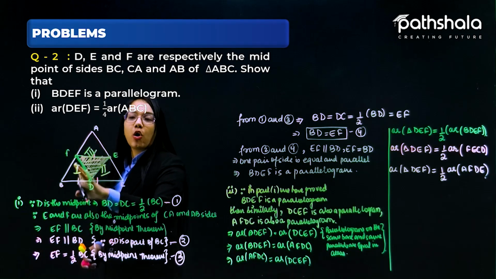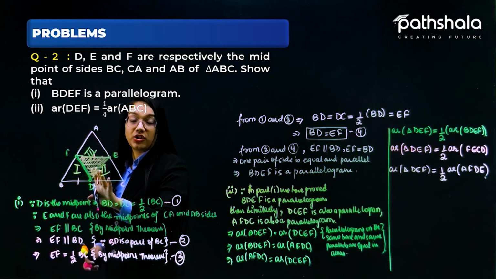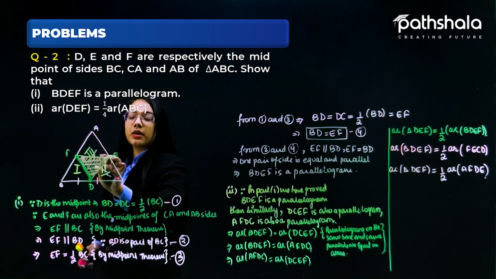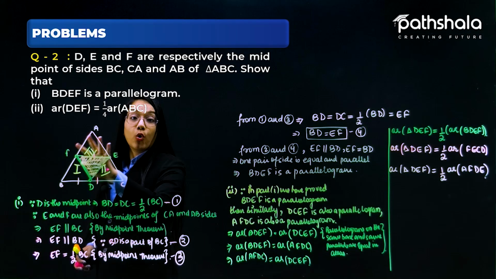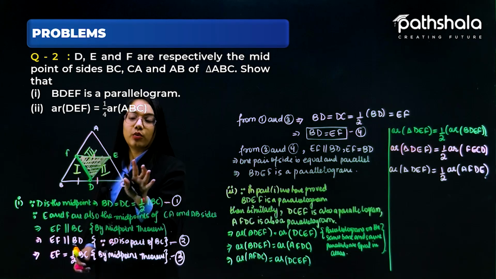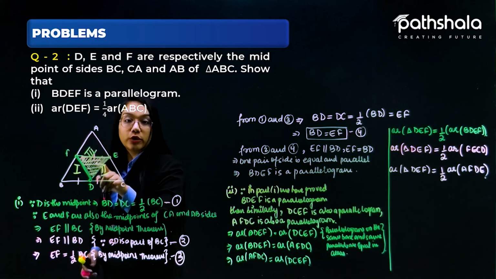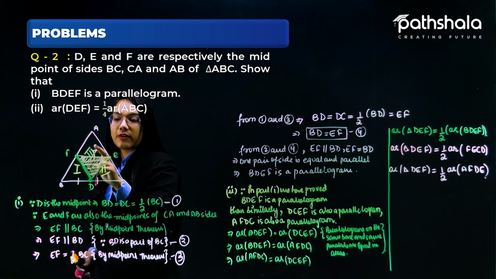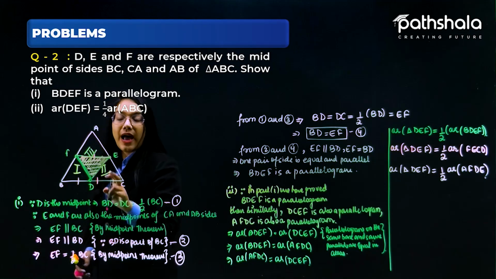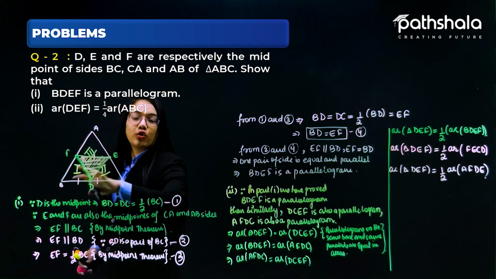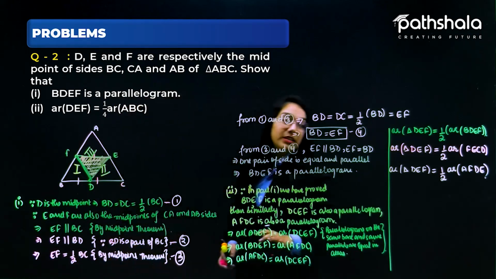Means we have all these triangles which are equal to each other, which implies that the sum of the areas of all should be equal to the area of the whole triangle, that is ABC, and this is nothing but the fourth portion, because as you can see over here we have the four triangles 1, 2, 3, 4, and this is nothing but 1/4 of the whole triangle, which is ABC.